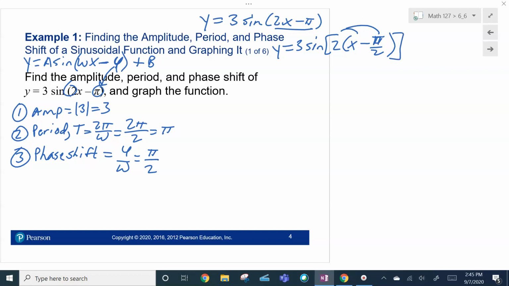So what we've done is we've vertically stretched by a factor of 3. We've horizontally compressed this thing, and then we've shifted it right, so horizontal shift right, pi halves, if you're thinking about your transformations.